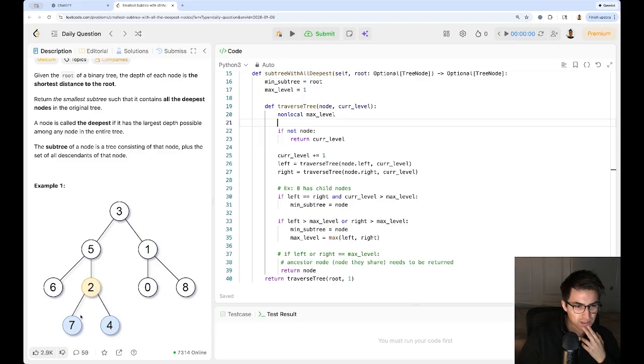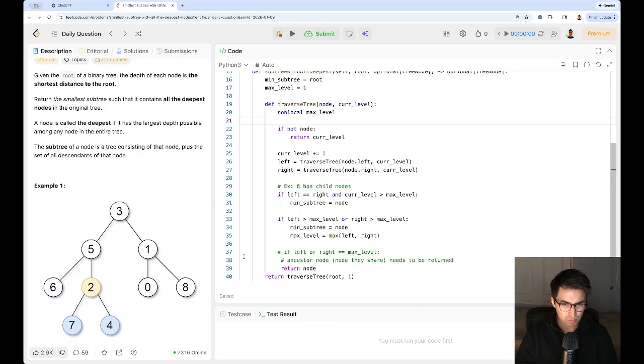If left equals right in the current level, this isn't right.